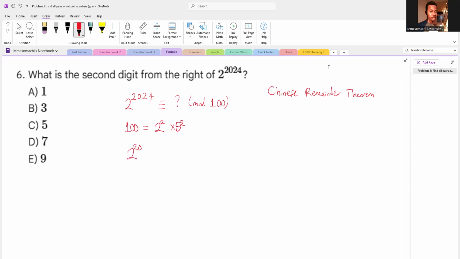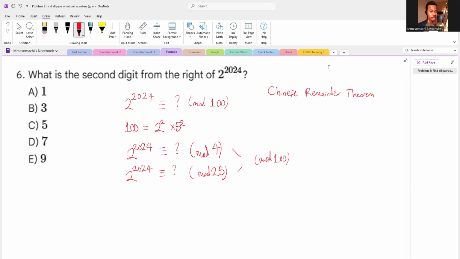If you can find the remainder of 2 to the power of 2024 when divided by 4 and by 25, each of these relatively prime factors, then we can combine these to find the remainder when it's divided by 100. We'll see this in a moment.